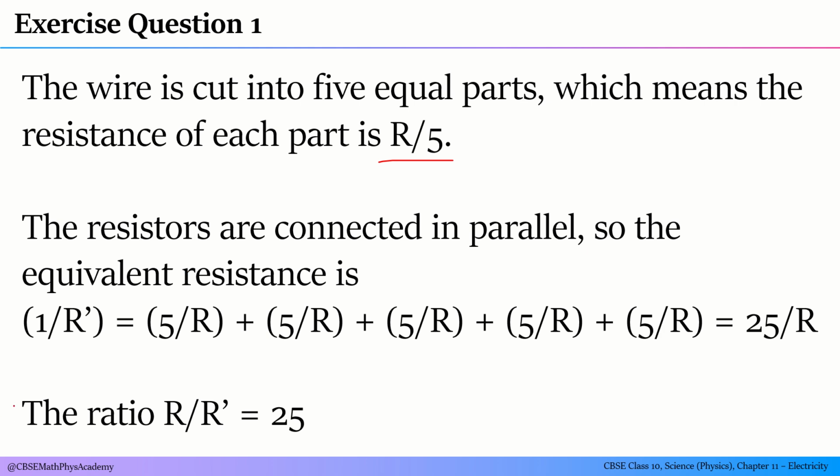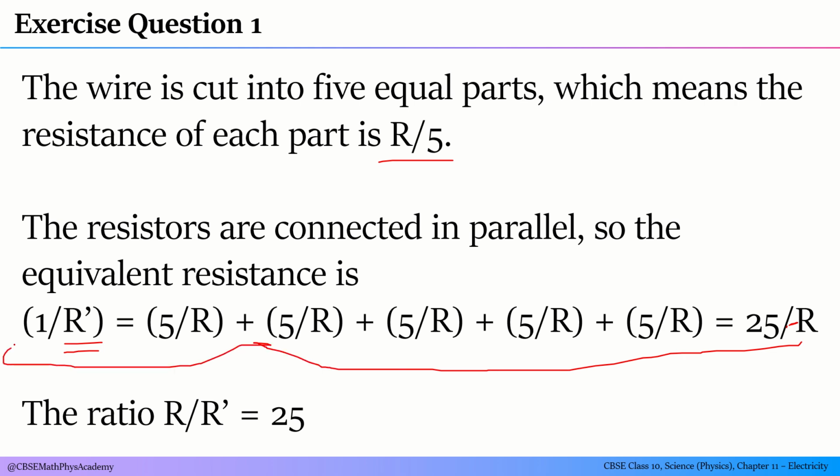So 1 by R dash is equal to 1 by (R by 5), which I am writing as 5 by R. There are 5 such pieces, so 5 by R added 5 times becomes 25 by R. When you cross multiply and take this R to the other side, you get the value of R by R dash as 25.